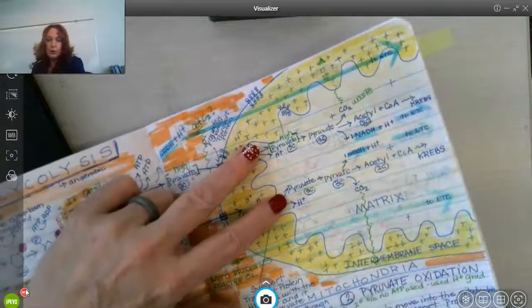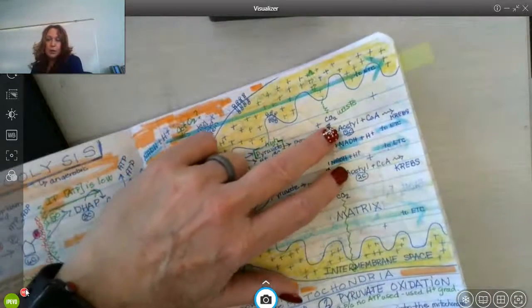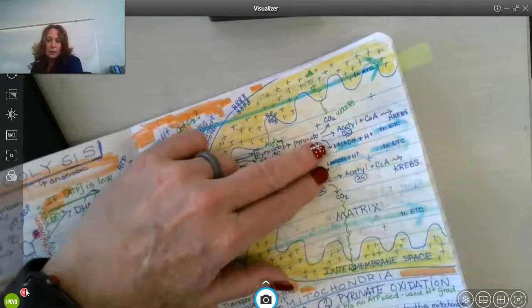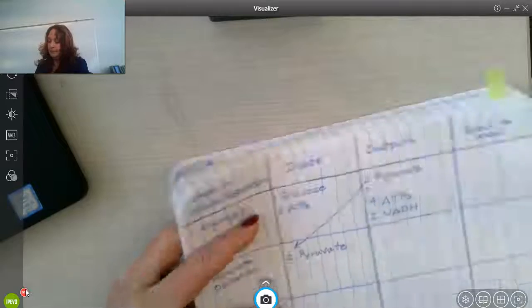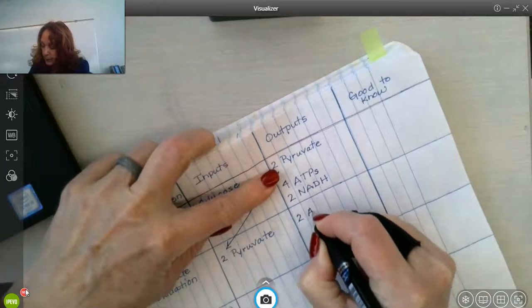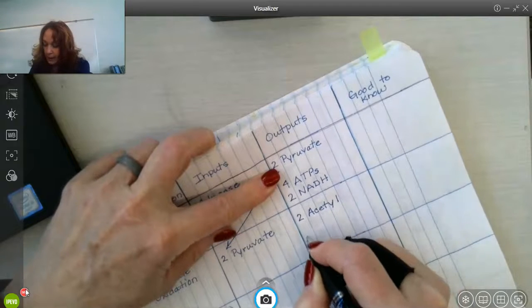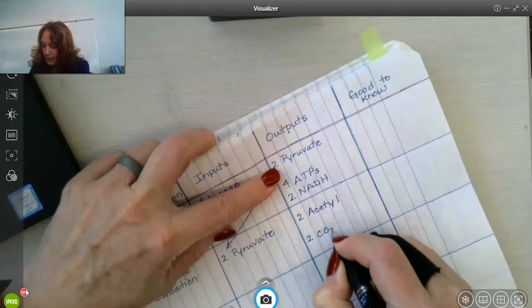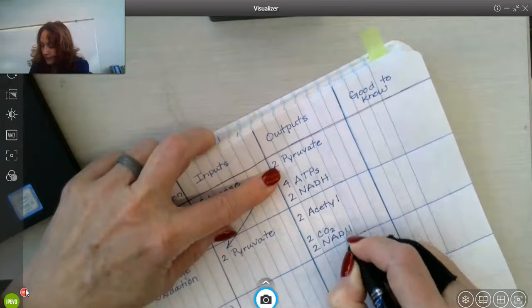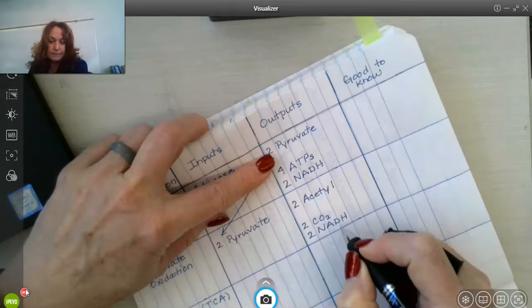So we started with 2 pyruvate, and what you end up with is 2 acetyl, 2 carbon dioxide, and 2 NADH.